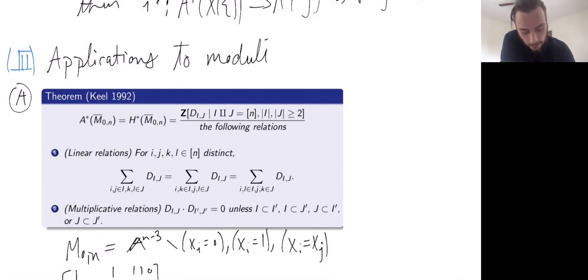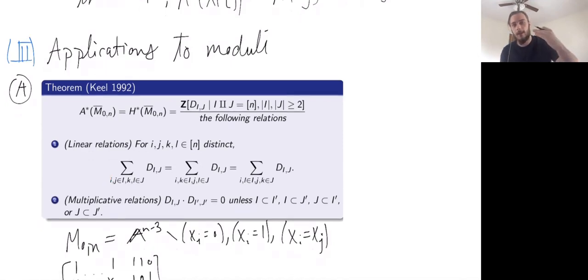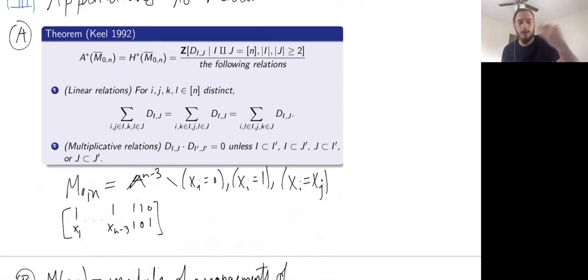The reason is, if I just look at the interior, which is just the locus of n points on P1, I can fix the last 3 points at 0, 1, and infinity, and then I can scale the equations for the remaining points, and I'll get these coordinates on M0n described by this matrix, which embeds M0n into A to the n minus 3 as the complement of the 2 by 2 minors of this matrix.